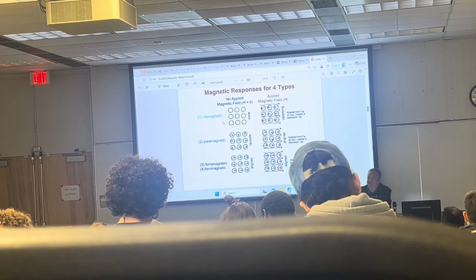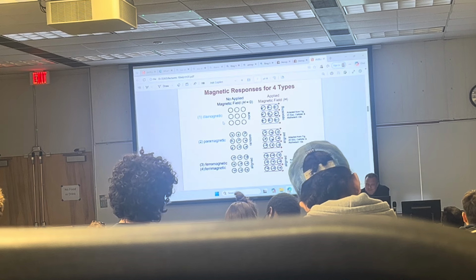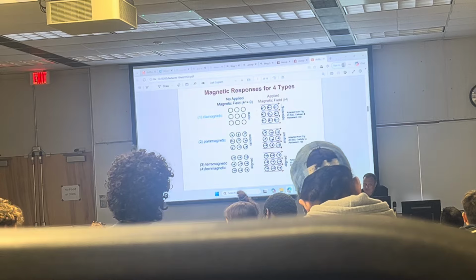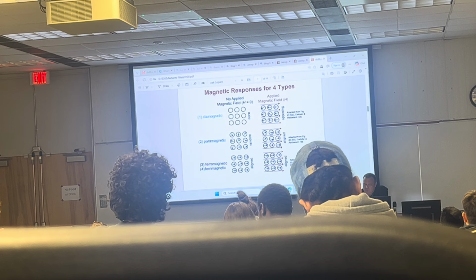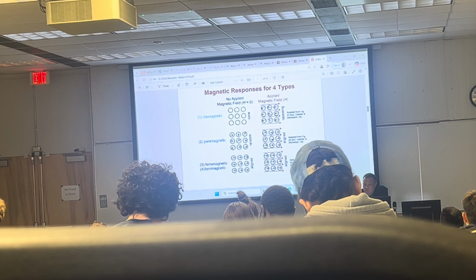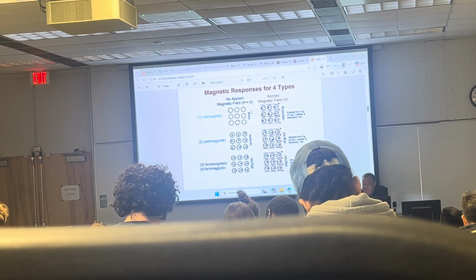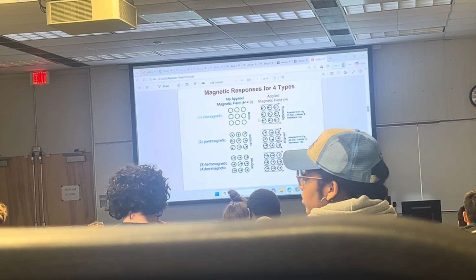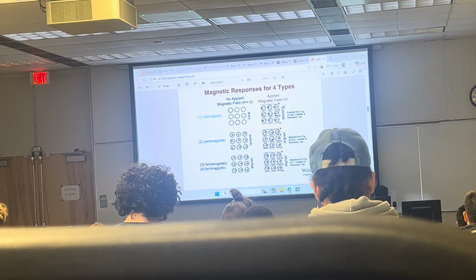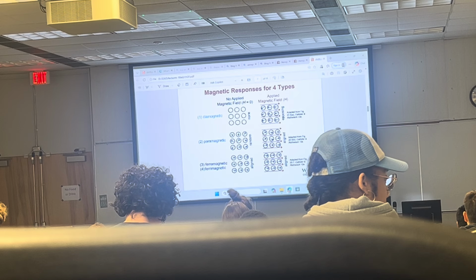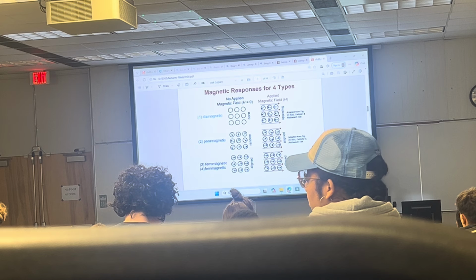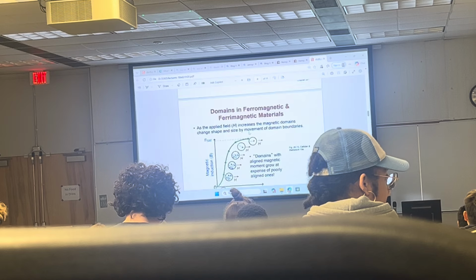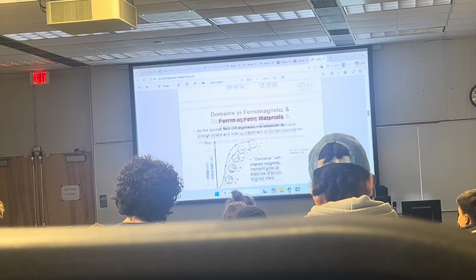And then we see what is happening, because the magnetic field is affecting the material. The domains could be opposing, they could be aligned, or they can be random. And that is what determines the magnetic response.